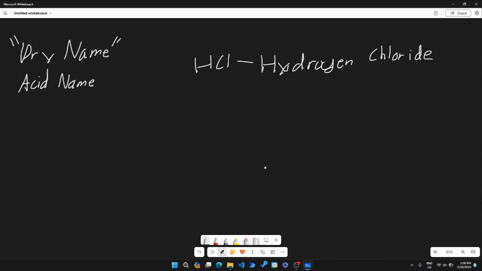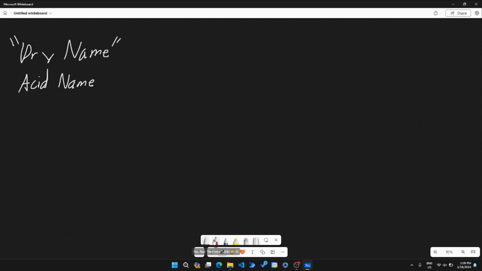Now the acid name is where all sorts of fun happens. To represent that this is in acid form, we write (aq) in parentheses here, which means aqueous, or dissolved in water. Now, if this is a simple binary ionic compound, like hydrogen chloride, HCl, this is called a binary acid.